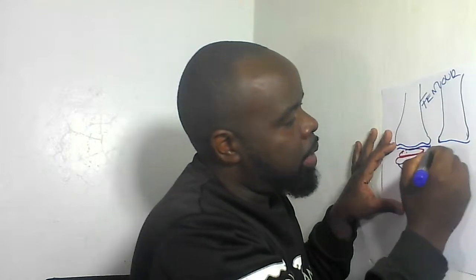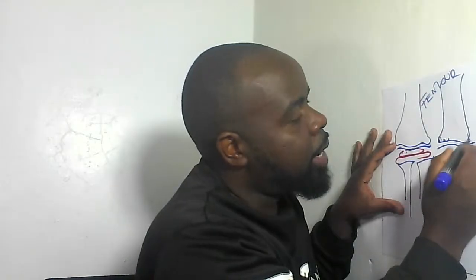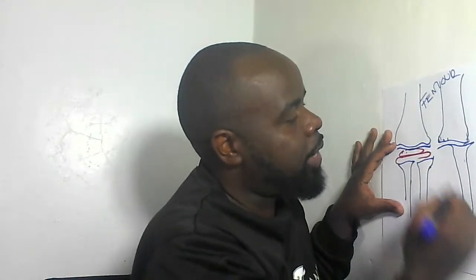We are talking about osteoarthritis. So this is the femur. This bone is called the femur. So the bone is like this, but it has been eaten from this side. So it will finally come and touch. The two bones will come and touch each other like this.